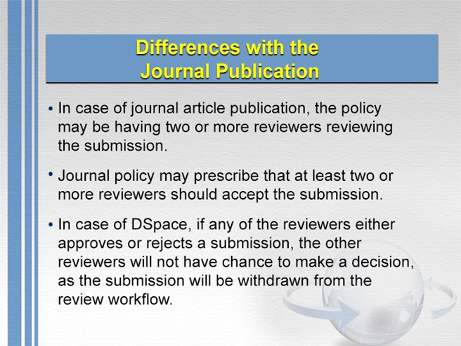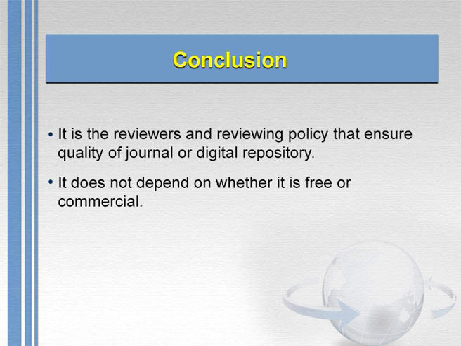But in case of DSpace, once any of the reviewers either approves or rejects a submission, the other reviewers will not have a chance to make any decision, as the submission will be withdrawn from the review workflow or from the task pool. So, in conclusion, it is the reviewers and reviewing policy that ensures the quality of a journal.